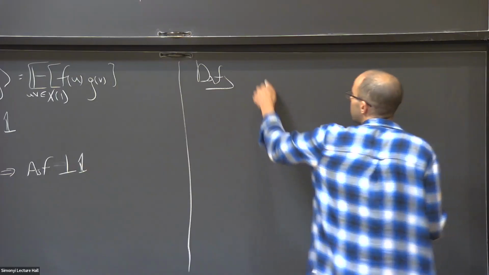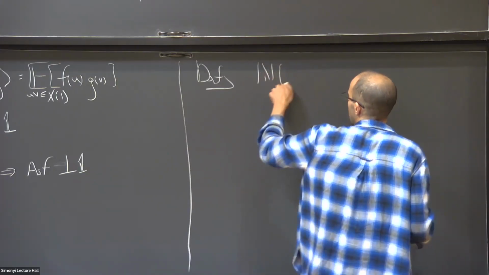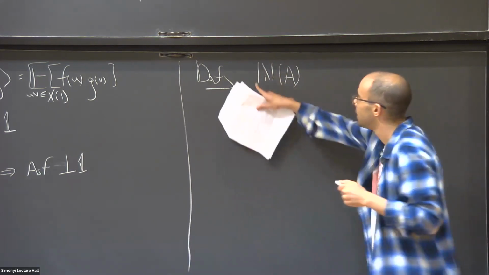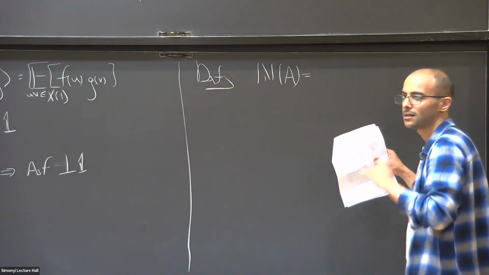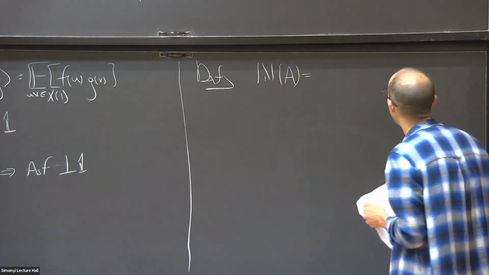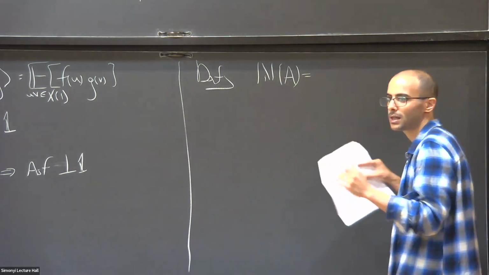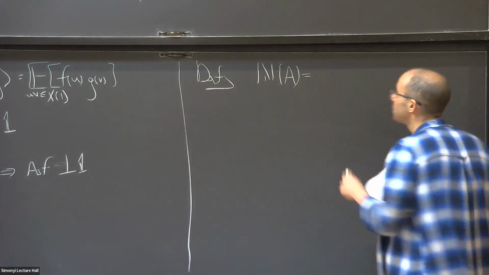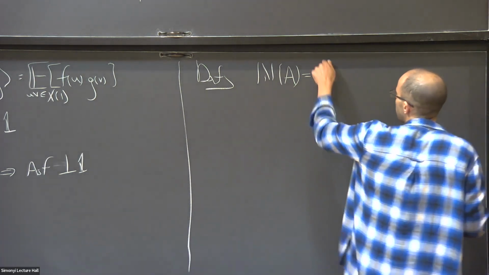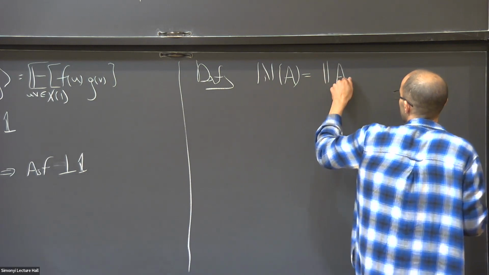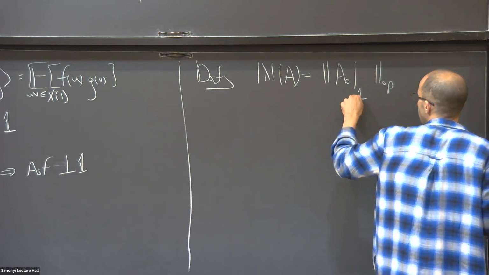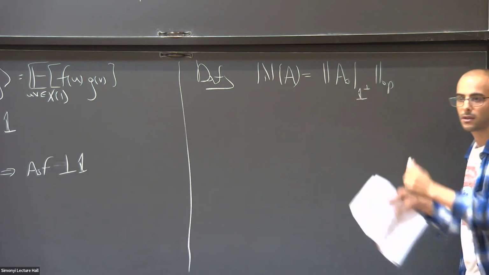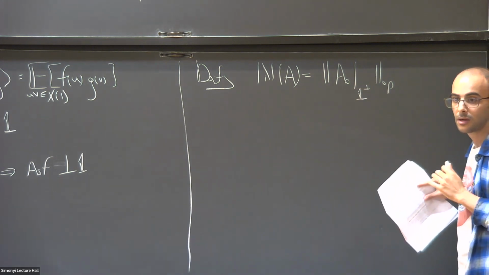Let's call the two-sided expansion of a graph A, which I will denote lambda in absolute value. Some people call it the second largest eigenvalue in absolute value. I'm gonna write two equivalent expressions for it. So one expression is indeed taking the operator norm of A, but when I restrict to functions that are perpendicular to the constants, okay?